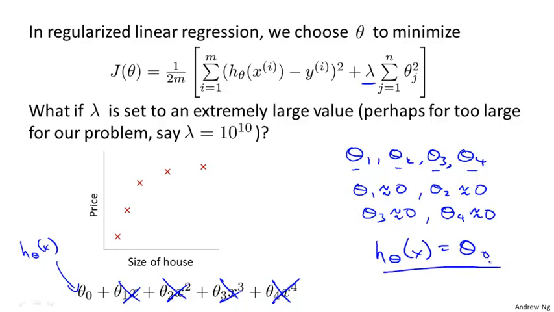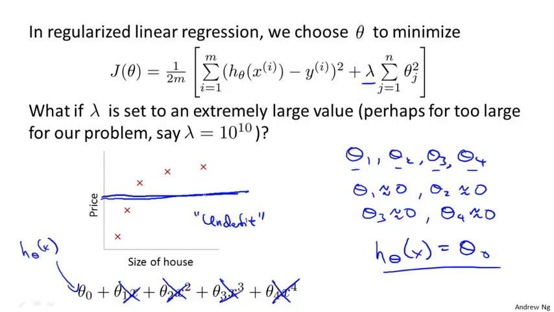It says that housing prices are equal to theta 0, and that is akin to fitting a flat horizontal straight line to the data. And this is an example of underfitting. In particular, this hypothesis, this straight line, just fails to fit the training set well. It's just a flat straight line. It doesn't go anywhere near most of our training examples.